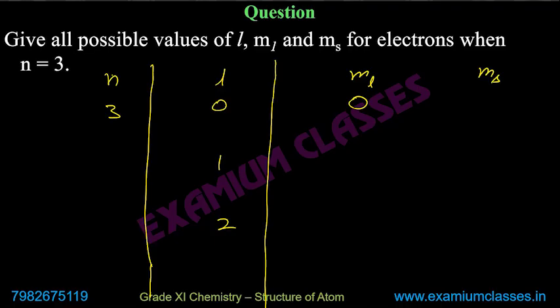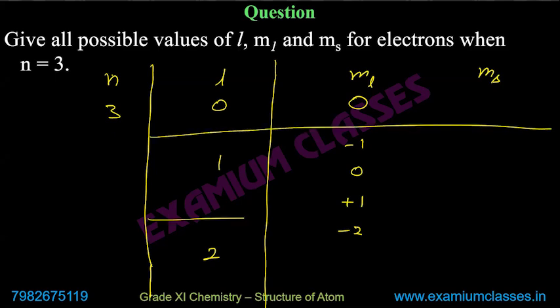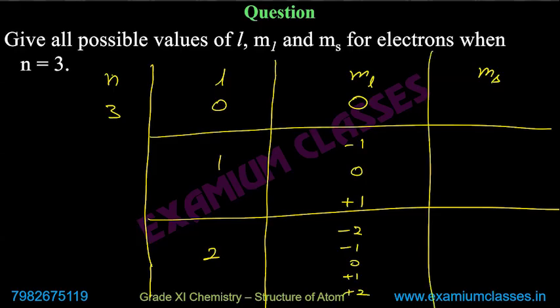In this case for 1, you will have -1, 0, +1. And for 2, you will have -2, -1, 0, +1, +2. And then corresponding to each, you will write +1/2, -1/2.